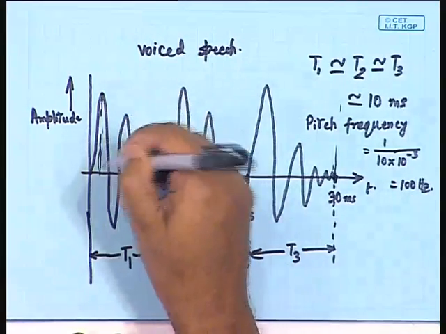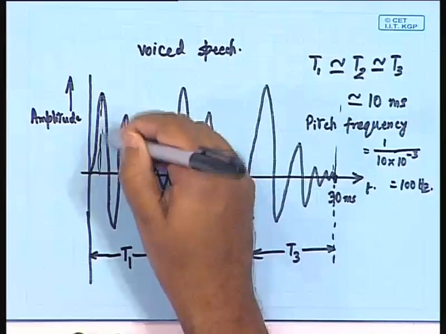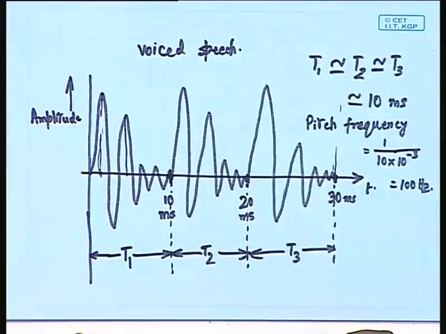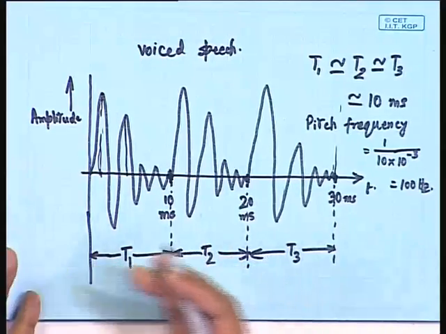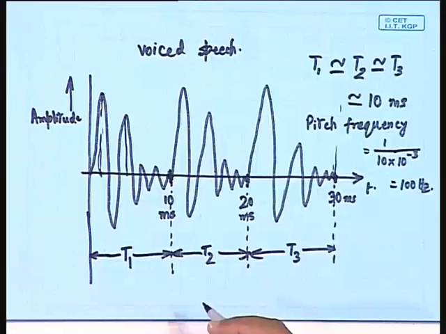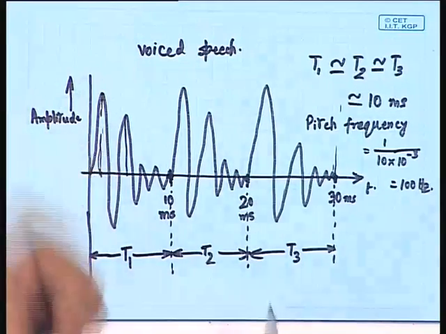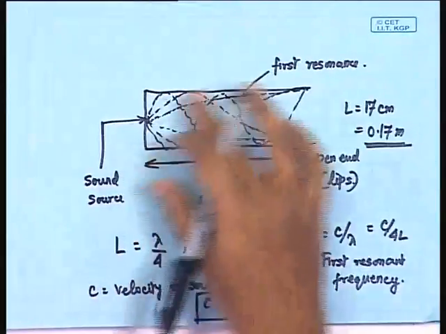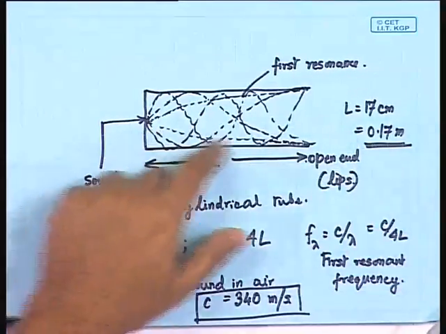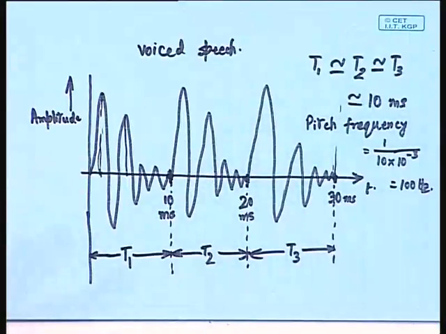If you consider from this distance to this distance in the time scale, this is 1/5 of the time period T1. 1/5 of the time period T1 corresponds to something like 2 milliseconds, and 2 milliseconds corresponds to 500 hertz. And why 500 hertz? Again the answer lies here: 500 hertz is the first formant frequency that we have considered, which again, as I told you, varies.